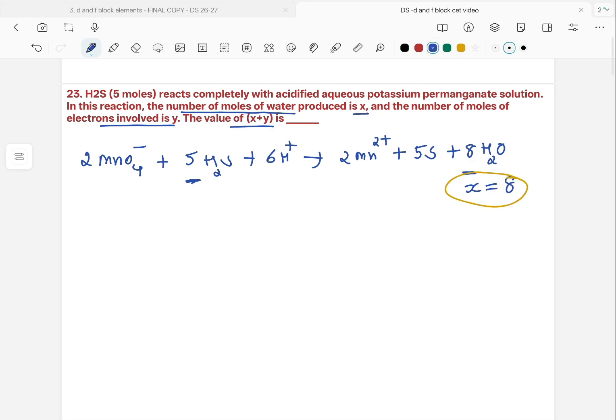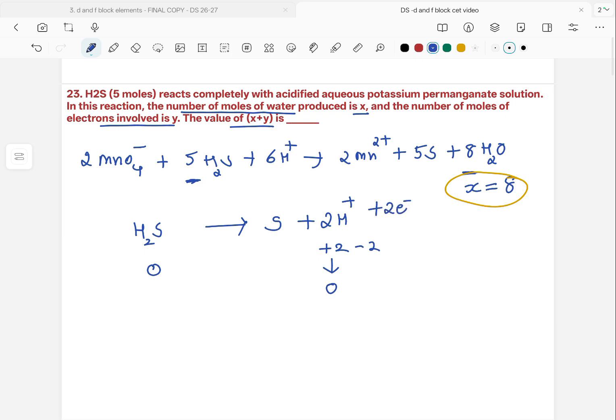We have found the X value. How about the Y value here? H2S to S. When we write the ionic equation, H2S is 1 sulfur and 2 H plus ions. Here the oxidation state is -2, whereas here it is 0. To bring it to 0, we will add 2 electrons here.